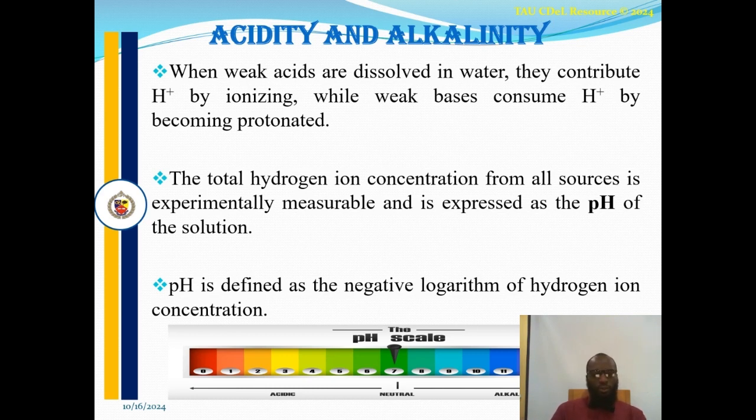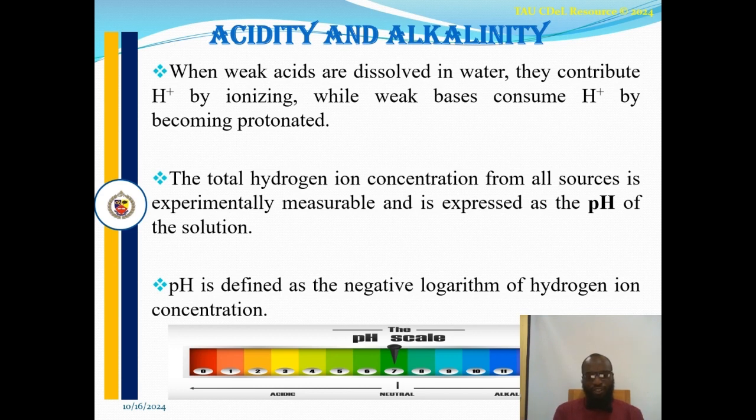Now, the total hydrogen ion concentration from all sources is experimentally measurable and is expressed as the pH of the solution. So when you have more hydrogen ions in the solution, the pH is going to be acidic. When you have less, then it is tending towards the alkaline region of the pH scale.